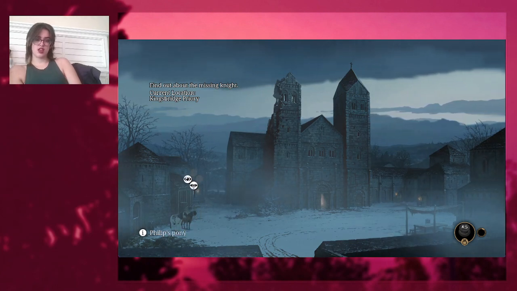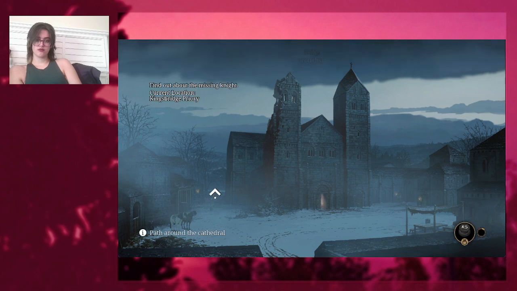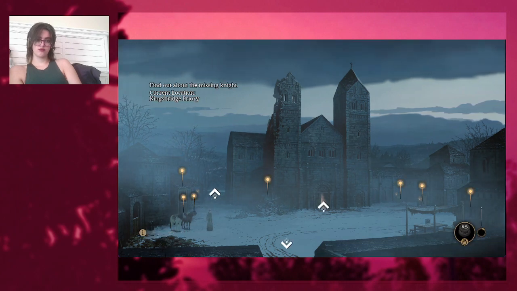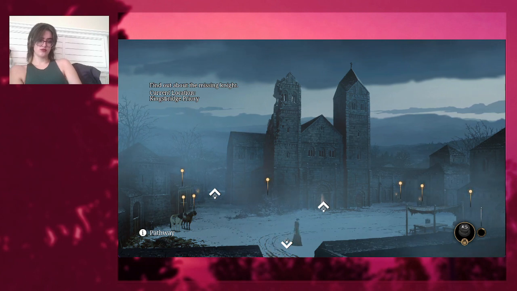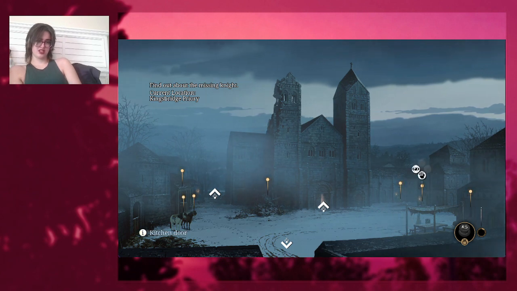Okay, there's the stables. Oh. Are we truly unable to enter the guest house?